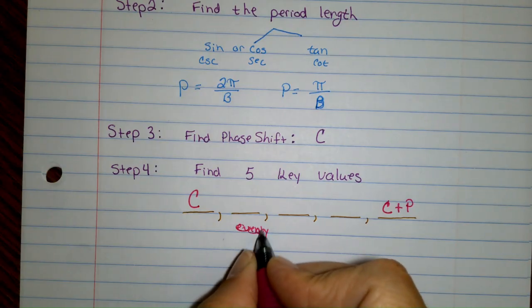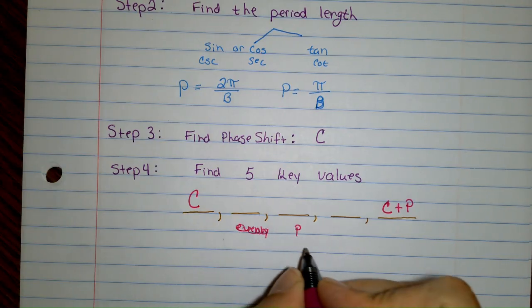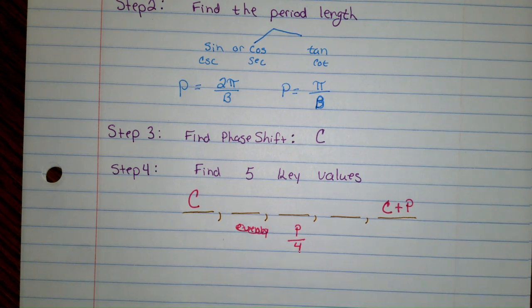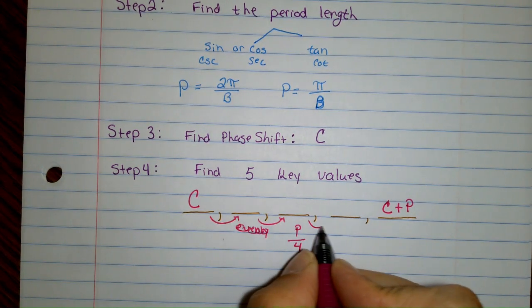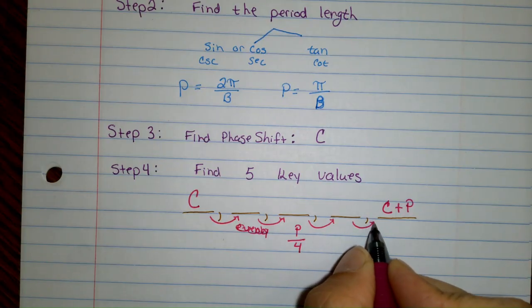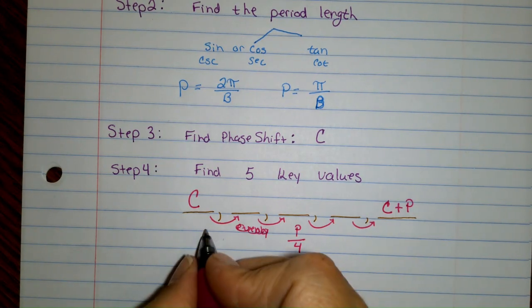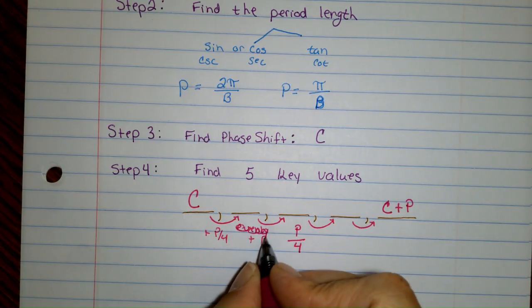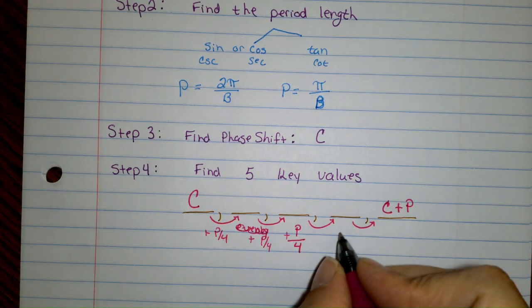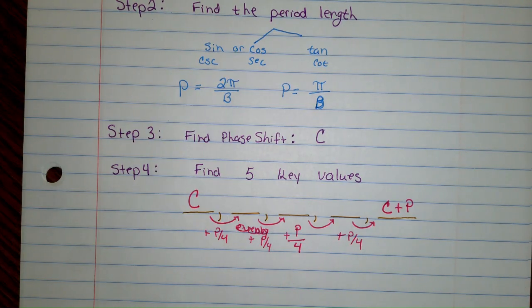Take P, divide it by 4, and that's what you go up each time. So plus P over 4, plus P over 4, plus P over 4, plus P over 4. That's all you're going to do.